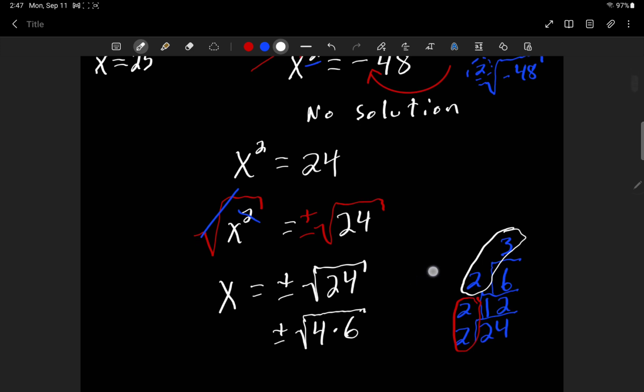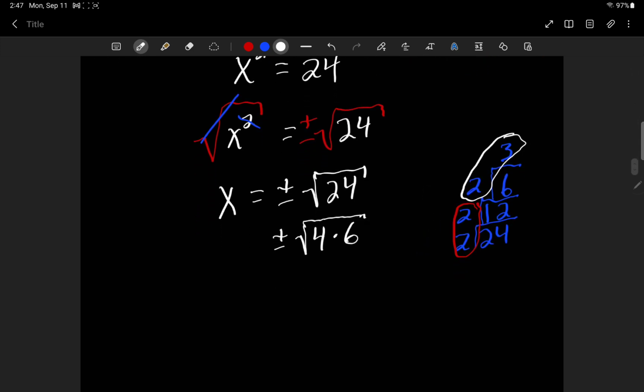And doing that allows me to say, well, the square root of 4 is 2, so I can pull a 2 out, and then I would have plus or minus 2, and then the 6 is left still under there.